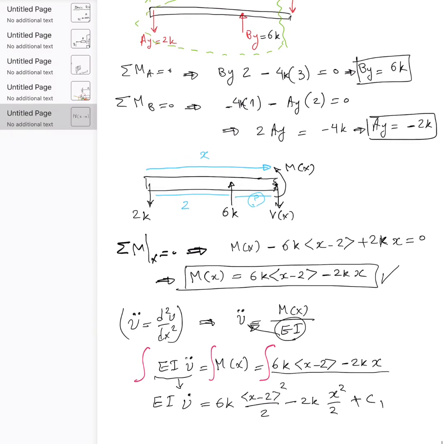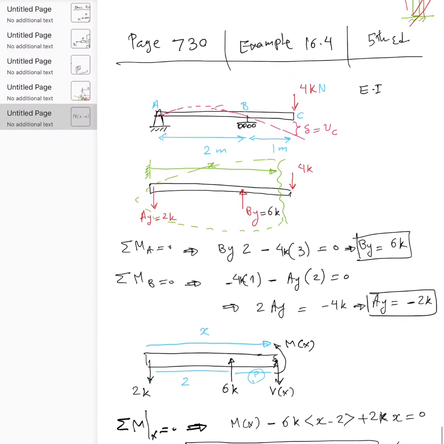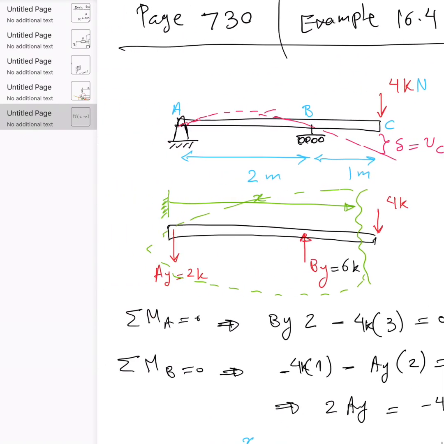Now you can see that because I don't have any information about the slopes, if you look here, I don't really know the slope of the curve at point A. This is theta, or the slope at point A, or dV/dx at point x equal to 0. I do not have this information.